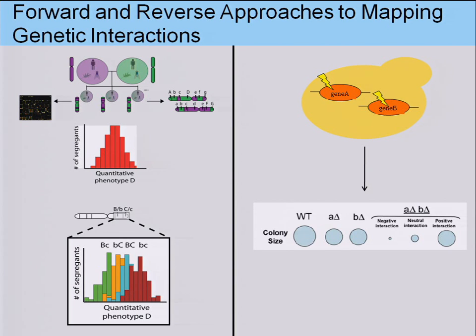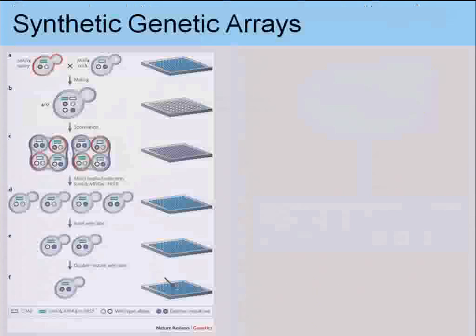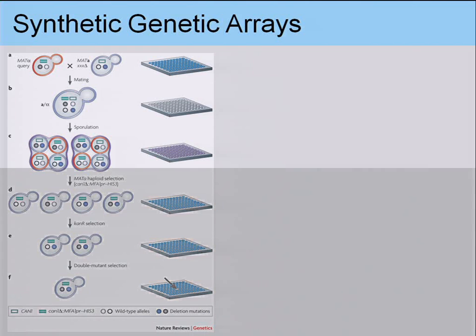In the yeast community especially, researchers have been able to rapidly generate gene-gene interactions. You start with a population of interest, use yeast genetics to create pairs of genes in different strains, and then measure the outcome in a particular phenotype. In particular, the Charlie Boone lab at the University of Toronto came up with the synthetic genetic array.